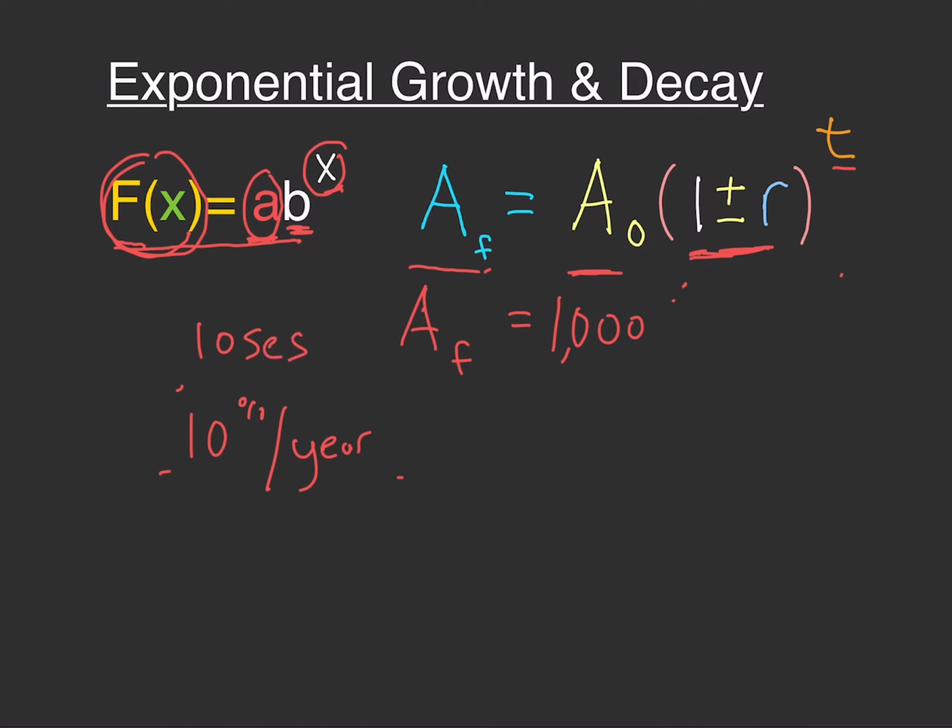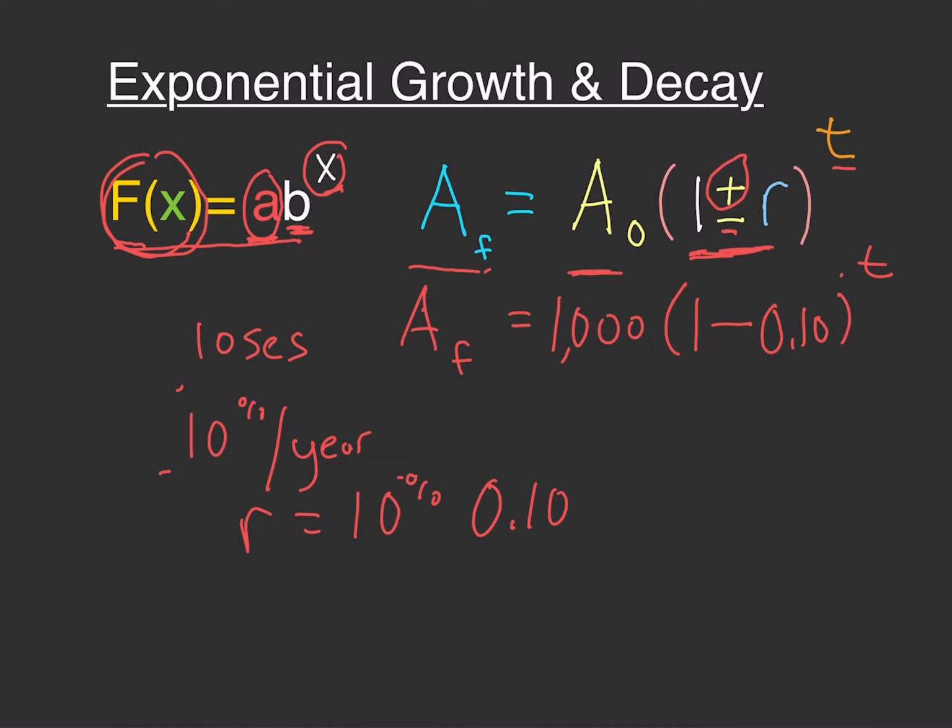So when I come to this parentheses over here, I still need to use that 1, but instead of adding the rate, I will be subtracting. I will take away the rate. The rate here is still 10%, but it's a loss, and I need to do that as a decimal, which is 0.10. So taking away r here is 0.10, still to the t.